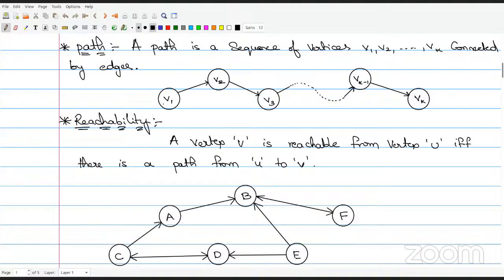So v1 is connected to v2, I can go from v1 to v2, v2 to v3, v3 to v4, and so on, vk minus 1 to vk. This is a path. How we write it is like this: v1. So the path is represented like this.